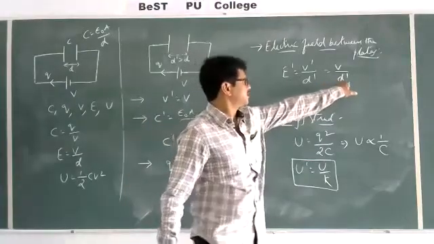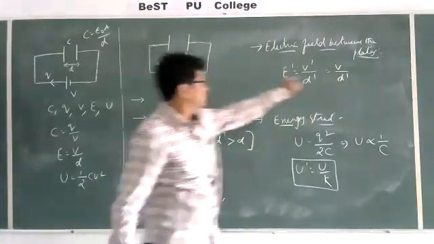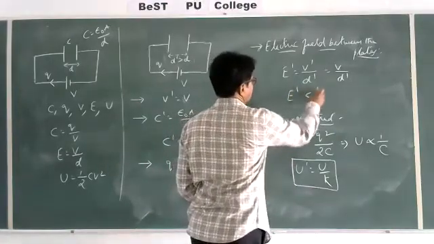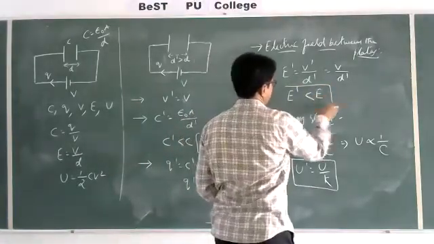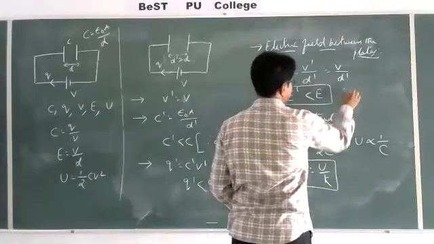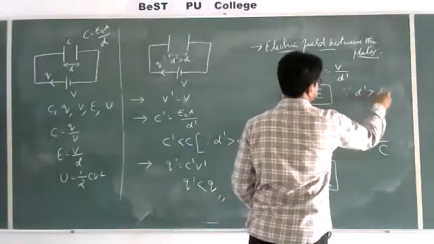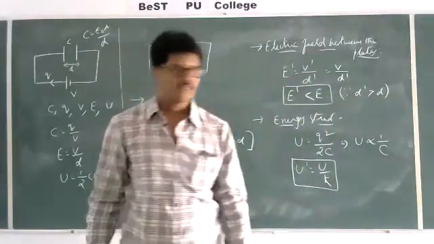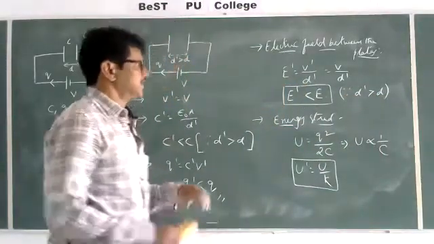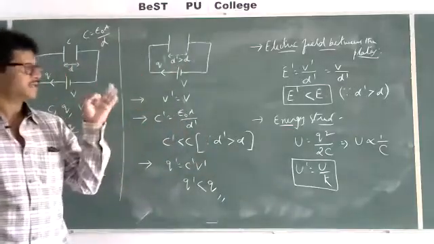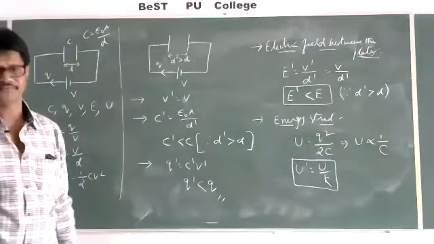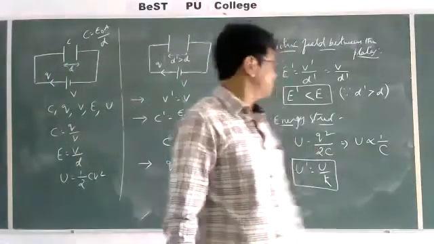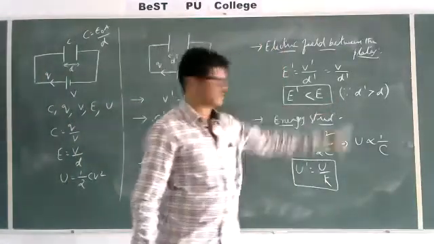Since D dash is greater than D, they are inversely proportional, so E dash will be lesser than E. That is, the electric field between the two plates decreases.